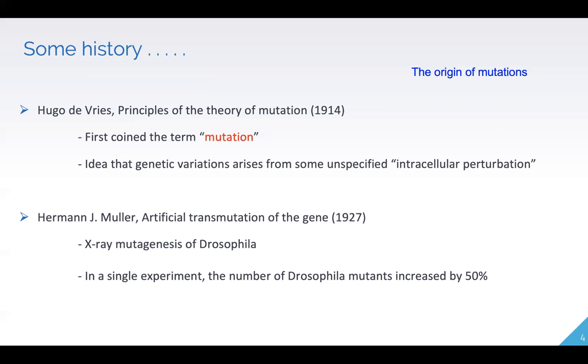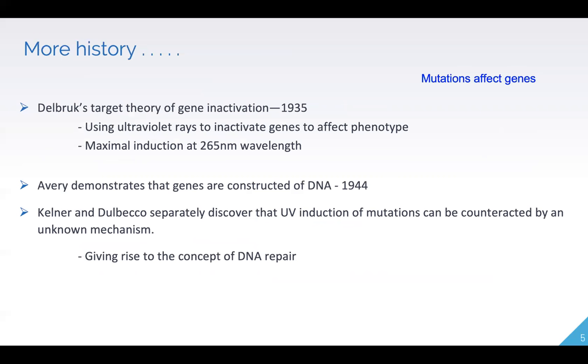This actually had a lot of impact on the field as a whole. As you can see from one single experiment, the number of different mutants of Drosophila that exhibited various phenotypes increased by 50%. All right, 1935, ultraviolet light was used extensively as a way to induce mutagenesis in different organisms, primarily bacteria.